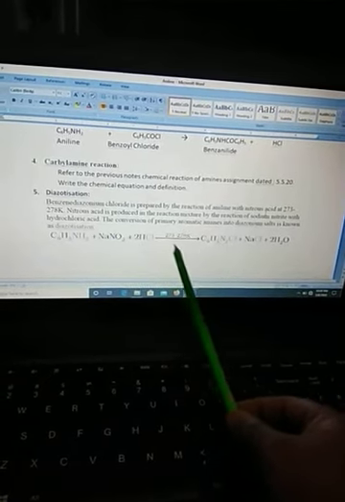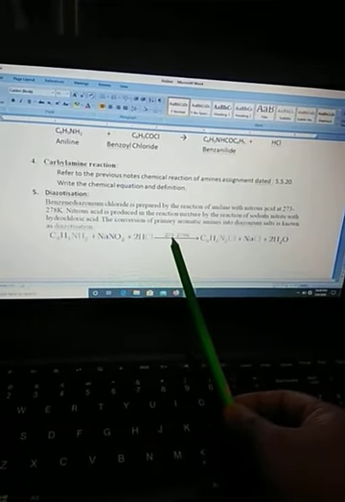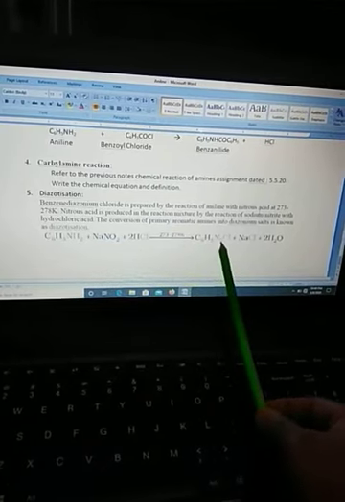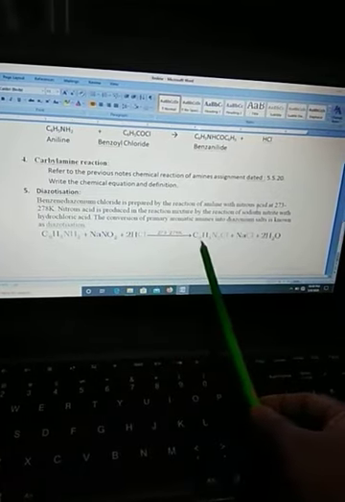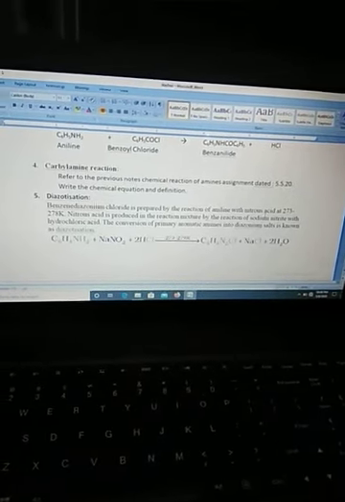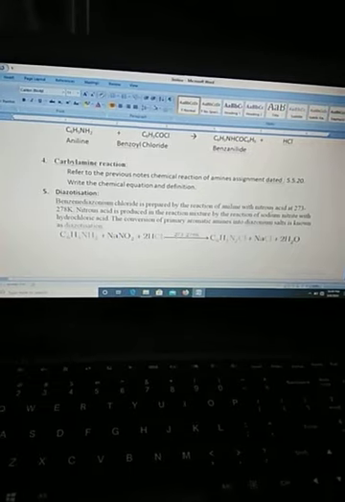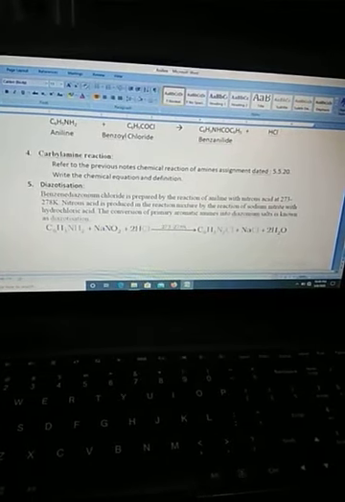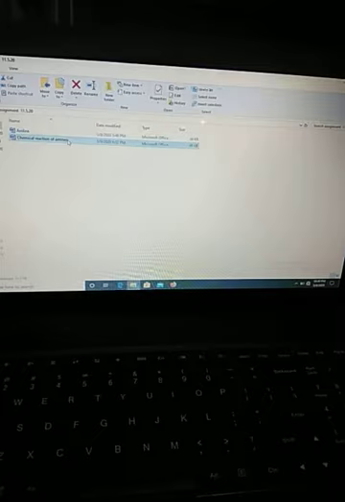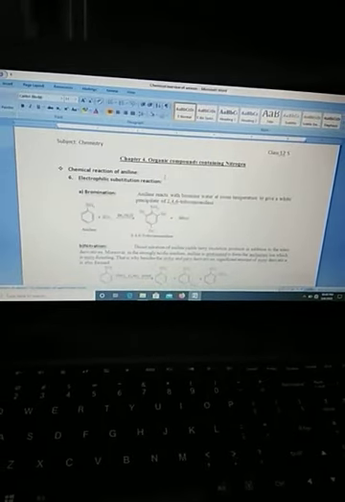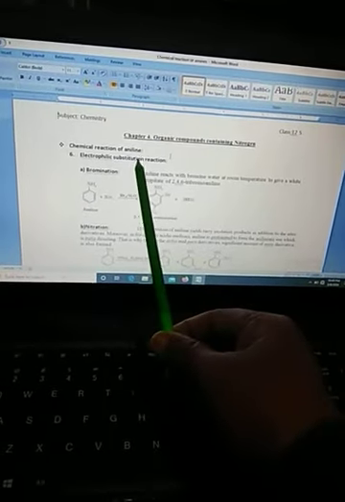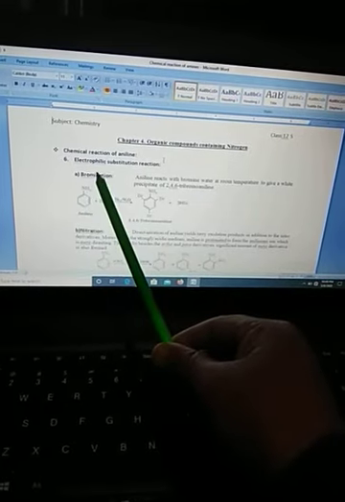The temperature here is kept very low, 0 to 5 degrees Celsius. So the formation of benzene diazonium chloride by the treatment of aniline with sodium nitrite and HCl is known as the diazotization reaction. That was reaction number 5, diazotization.